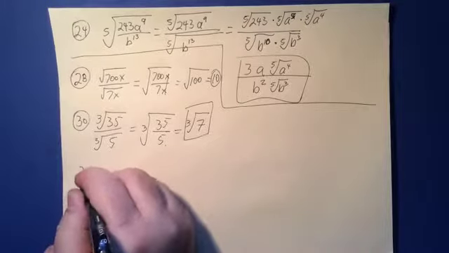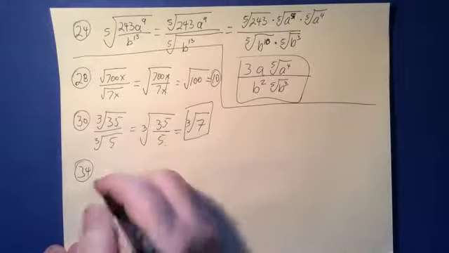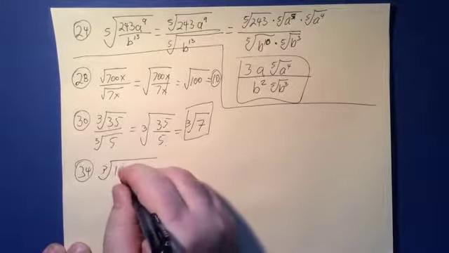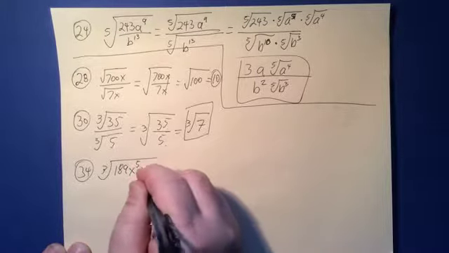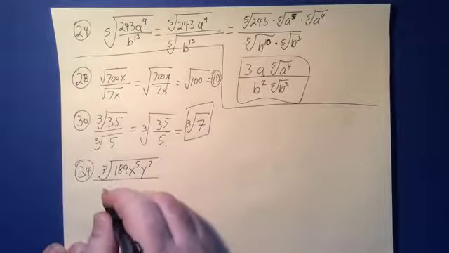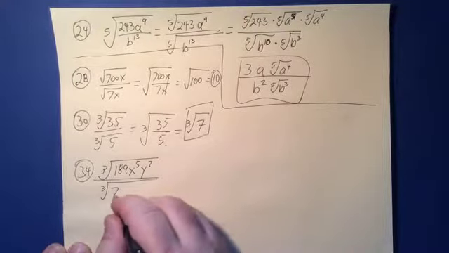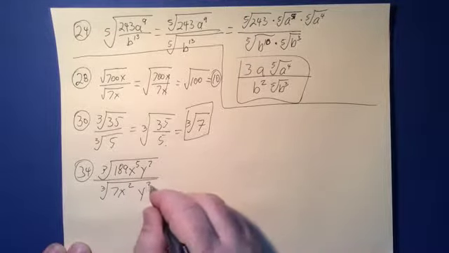Let's take a look now at 34. So in 34 we have the cube root of 189 x to the 5th y to the 7th, divided by the cube root of 7x squared y squared.